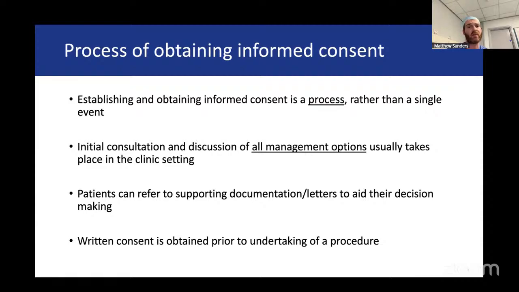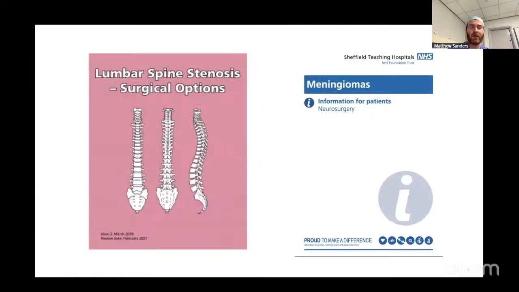I'll show you an example of the forms that we use in the UK. So this is an example of some of the adjuncts that we can use in clinics. On the left is a document on lumbar spine stenosis, which is produced by the British Association of Spinal Surgeons.